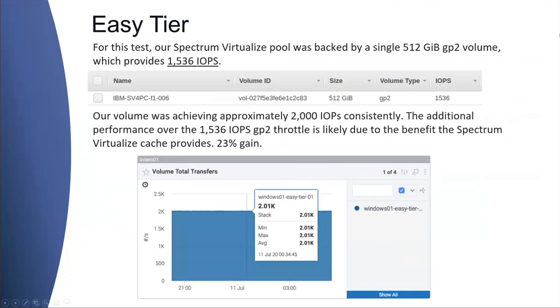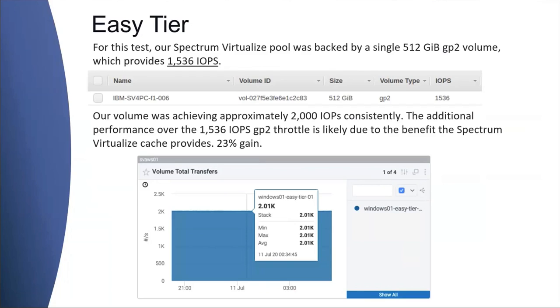And you can notice that a GP2 volume comes with 1,536 IOPS. That's how it's provisioned. So we're theoretically gated at 1,536 IOPS for a 512 gig volume. Well, what if you needed 2,000, 3,000, 5,000 IOPS against that? You're kind of stuck. You need to go buy more capacity, even though you don't need the capacity for the IOPS that your application demands.